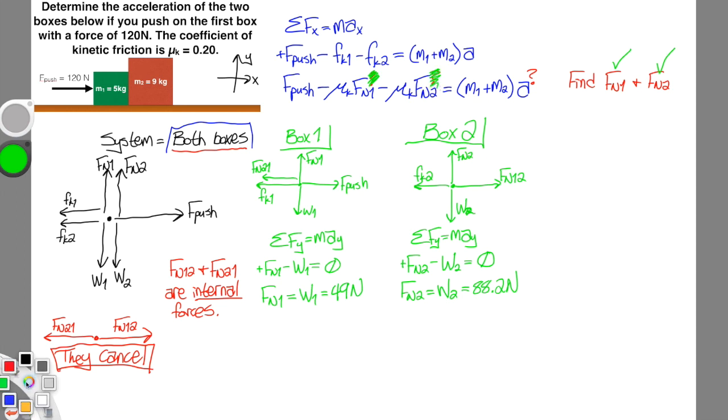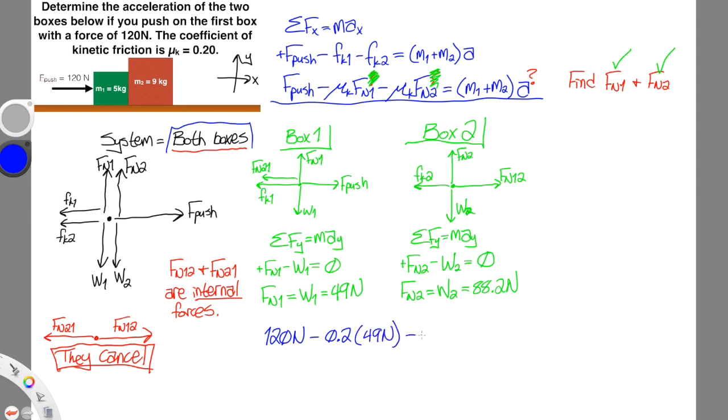So back to our blue equation up here that we left off on. Now we have every variable we need to solve except the acceleration, and that's the one we're looking for. So the push force is 120 newtons minus the coefficient of friction, 0.2, times normal force 1, 49 newtons, minus, again, the same 0.2 for our coefficient of kinetic friction, this time times 88.2 newtons, which is normal force 2.